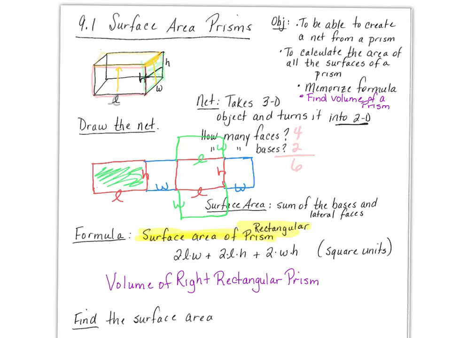Remember, we talked about in class, to find the area of one rectangle, we take length times width, but in this case, it's length times height, which there are 2 of those, so I take it times 2. Plus, then this one, it's width times height, but there are 2 of those. Plus, then we have 2 of these that are length times width.